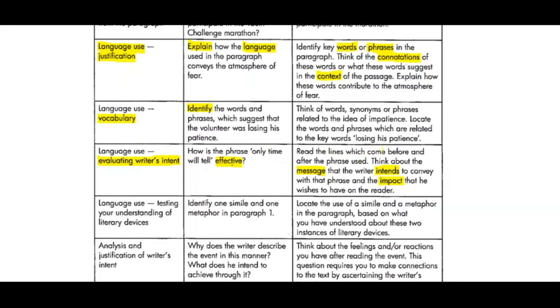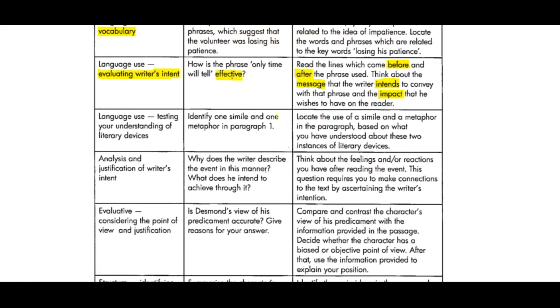You need to look at the sentence before or after the phrase, to take into account the context and the situation in which the phrase is used, to be able to find out, for example, the message or the intention of the writer. So it's a quite challenging type of question.